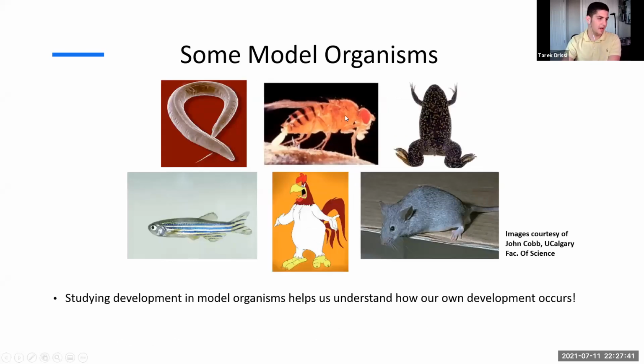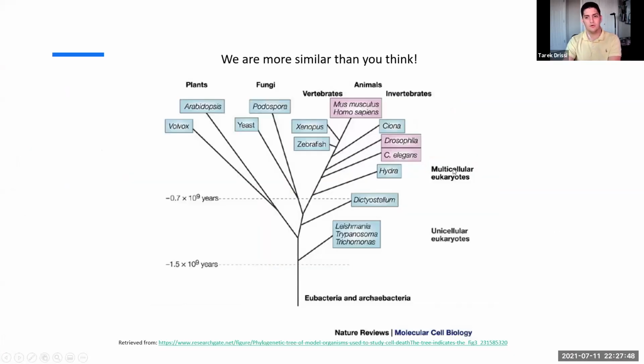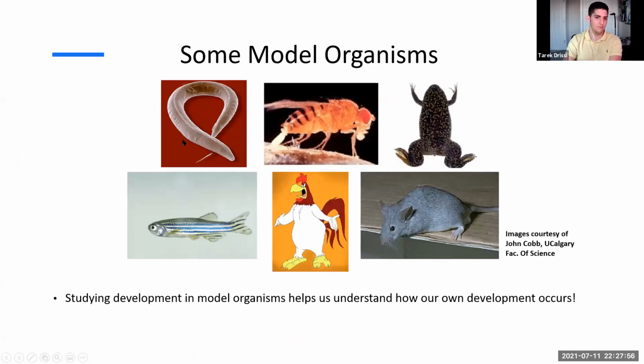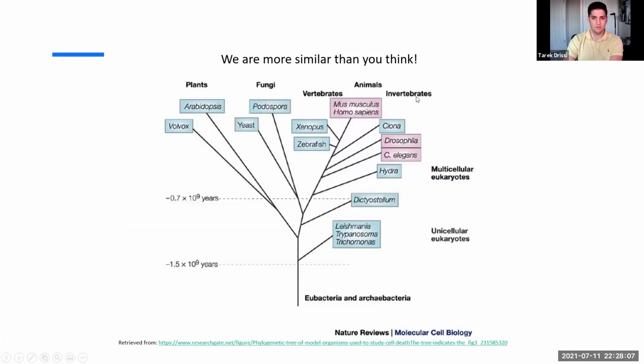So, of course, a fly compared to yourself is less related than a frog compared to yourself, because flies are invertebrates, so that means they don't have a spinal cord, they don't have as similar a body plan. And then out of all of these, the nematode would be the least similar to us, because they are microscopic invertebrates, they're very small, but they are still animals.